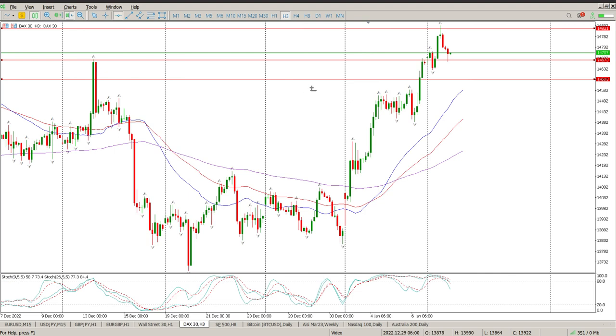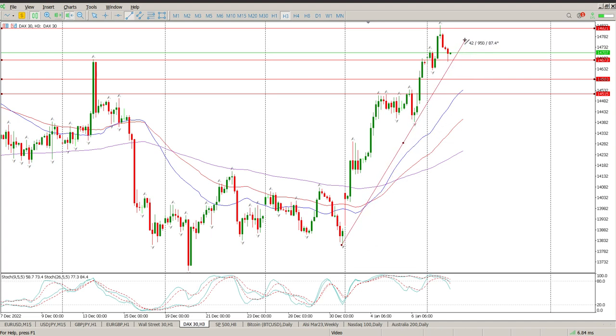Now there is another strong level lower down here. And then at the same time, I'm going to get a little bit messy here. We've got to line up these fractals, because there's your current trend line there, just put in place.